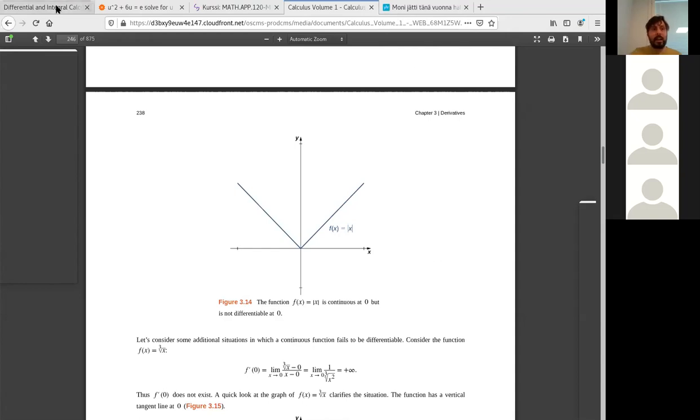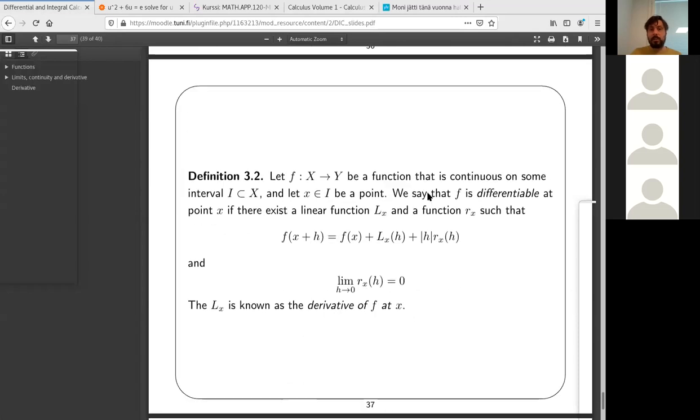In other words, again, returning to this definition here, we can define the error there. If we follow some straight line, the error itself would go to zero, but once we multiply this, this h times the error goes towards zero. But if we look at the error itself, this deviation is in fact equal to this absolute value of h.